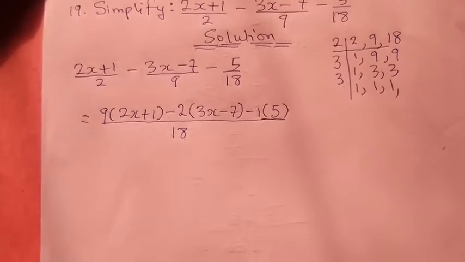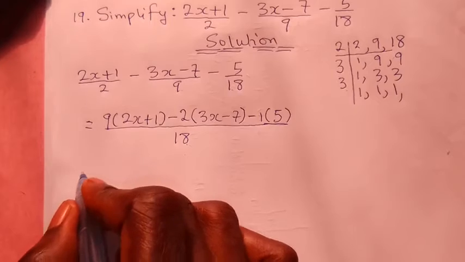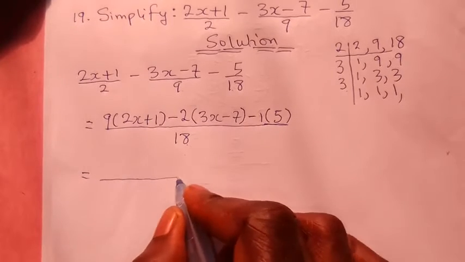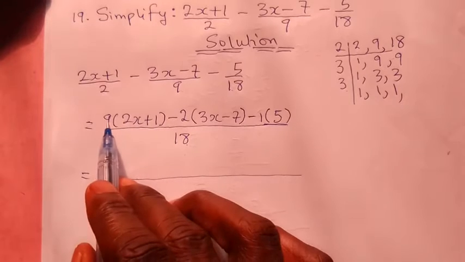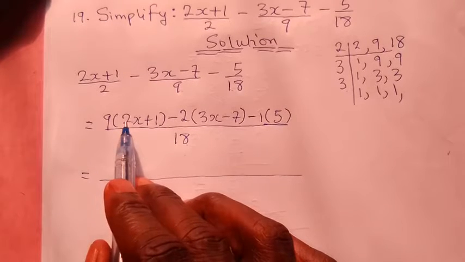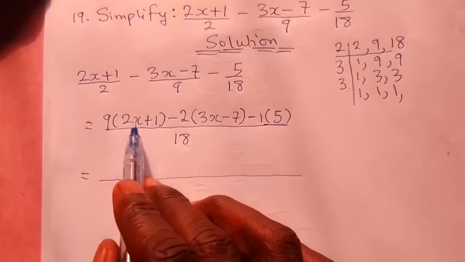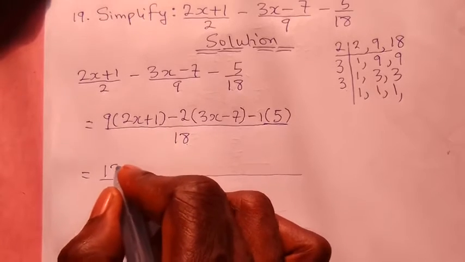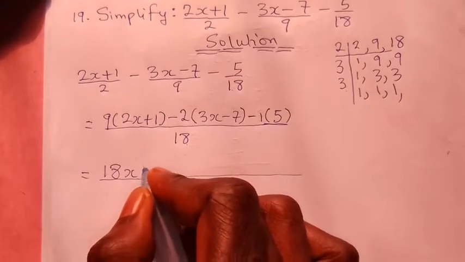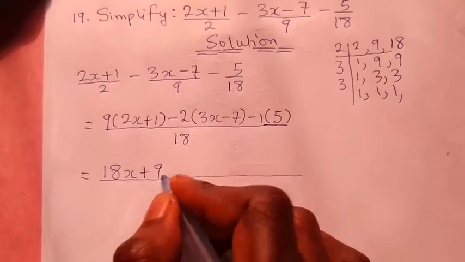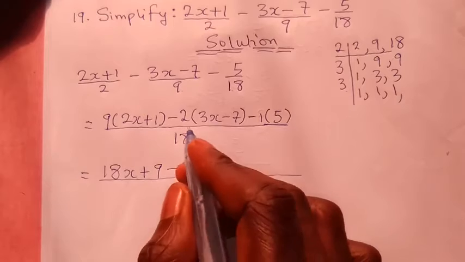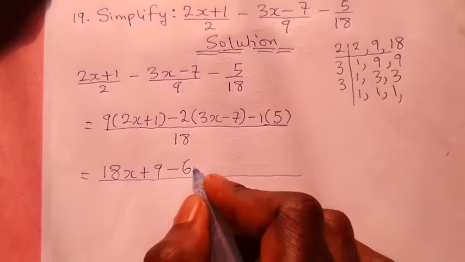Now that we've done this, the next thing we are going to do is to open the brackets up there. At the numerator, we are going to open the bracket by using the numbers outside to multiply the numbers inside the bracket. So 9 times 2x will give us 18x, then plus 9 times 1 will give us 9. Then here we have minus 2 times 3x, which will give us 6x.